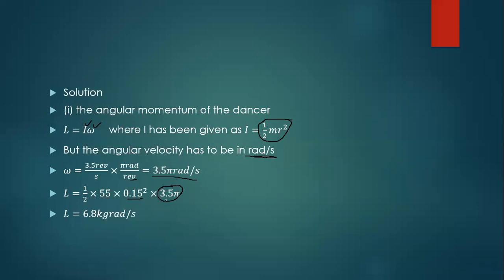Using that formula, we can calculate her angular momentum. You get your marks. Imagine this was a question in your test. You can get it as easy as that. So are we okay on how we found the angular momentum?